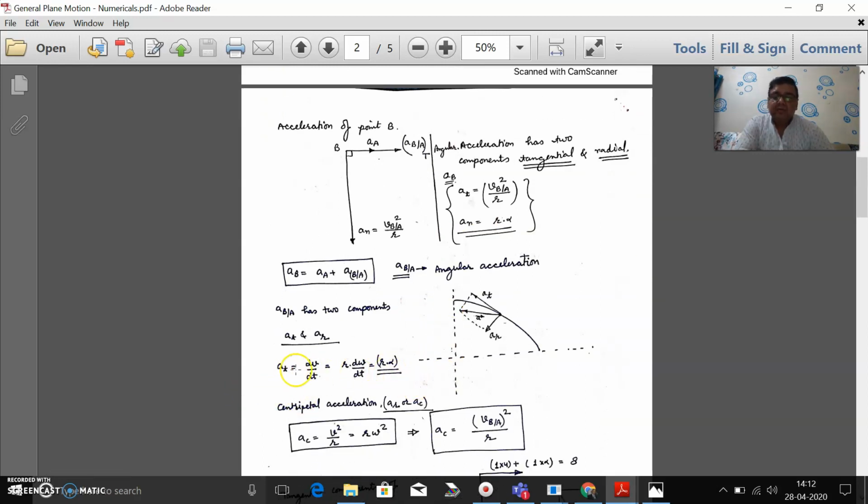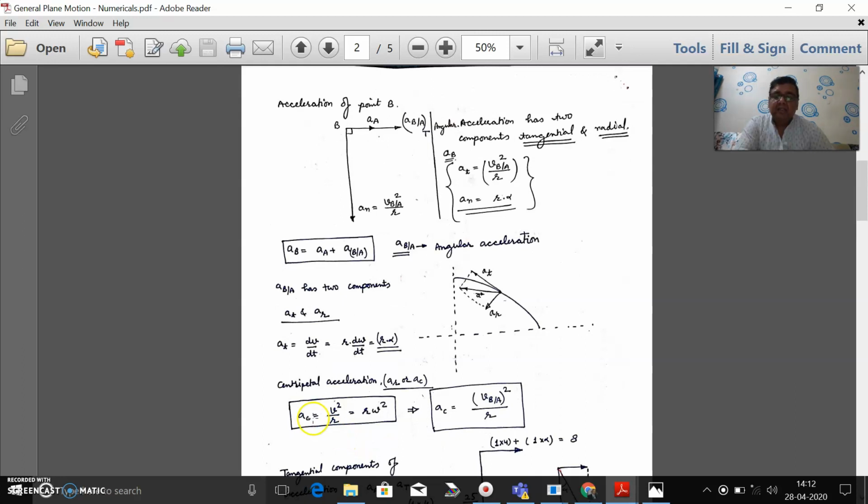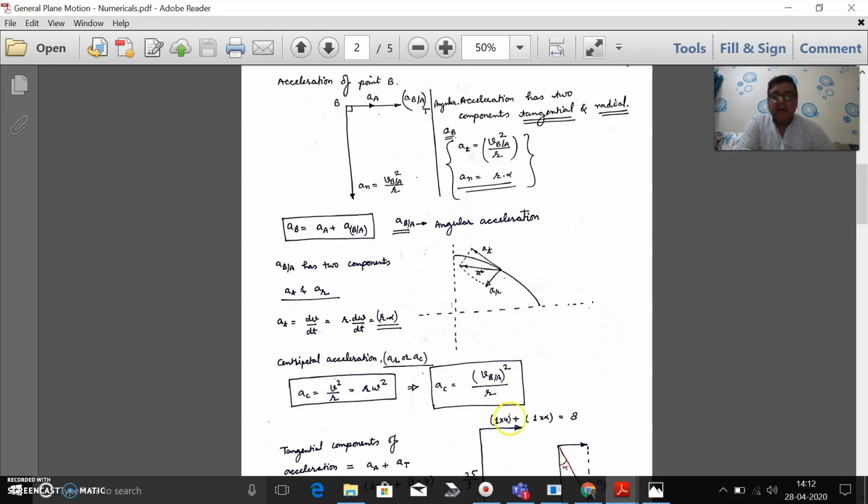AT is equal to dV over dt or R into d omega by dt or R alpha, and centripetal acceleration, that is AR, is equal to V square upon R or R omega square, where V square means velocity of B with respect to A whole square upon R, because this is the rotational component, right?